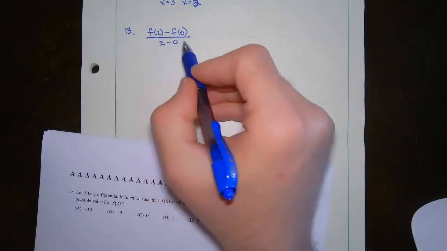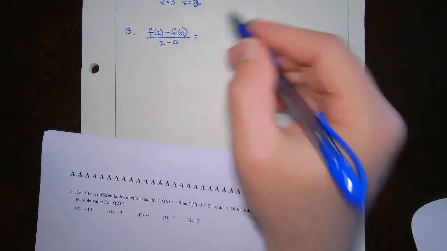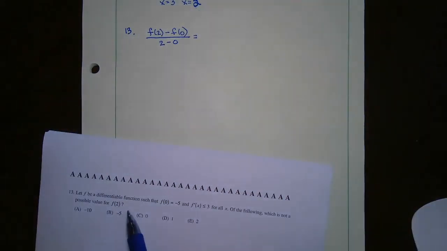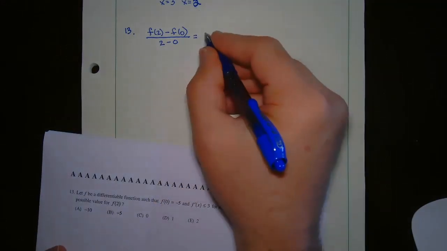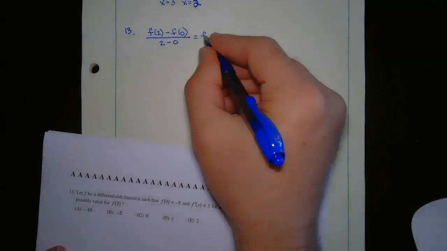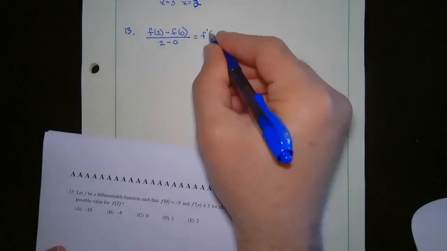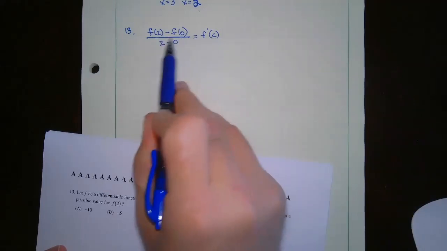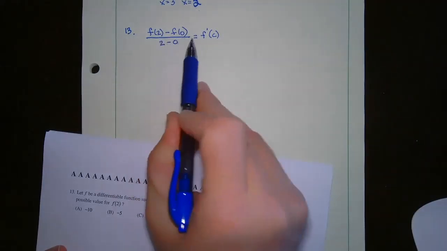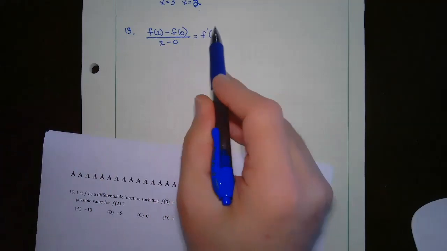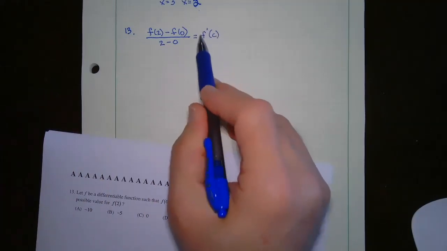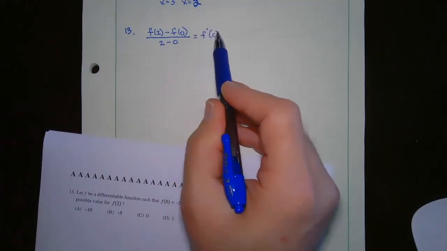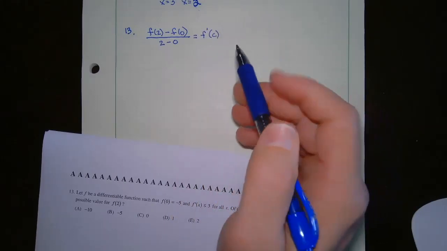If you do this, then there has to be a value because it's differentiable, and if it's differentiable, it has to be continuous, right? Okay, so there has to be some derivative, f prime of, let's say, c, okay? And this c has to be some number between 2 and 0, okay? So what we know is that all of these derivatives have to be less than or equal to 3.